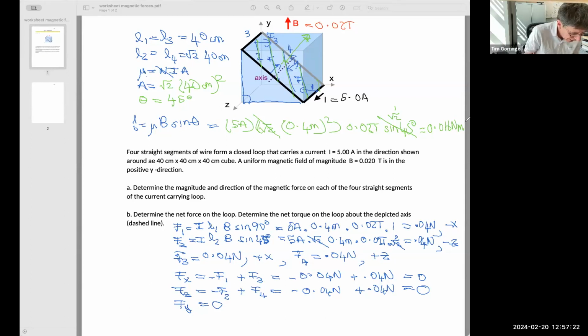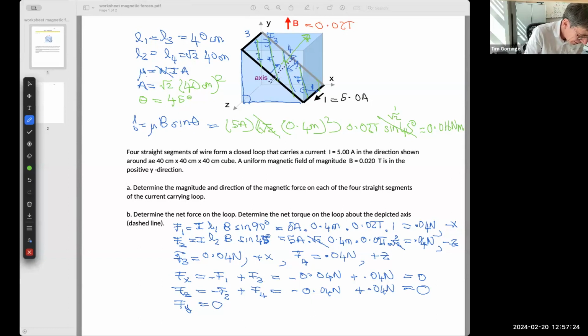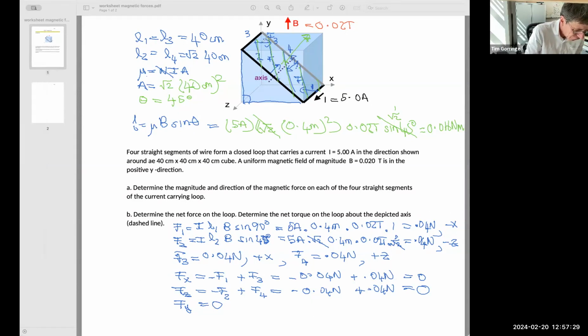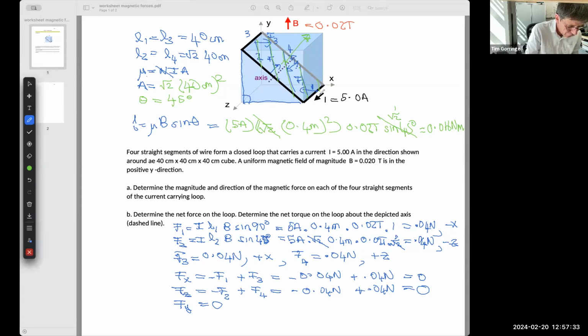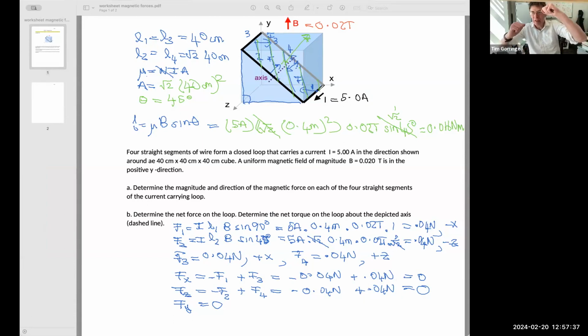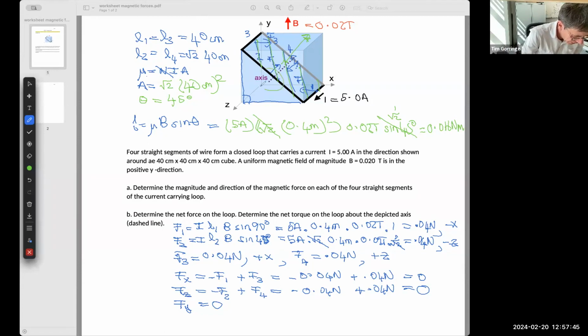You can see that if you look at the picture. Think about this axis here, the action of the force on side 3 at the top left, and the force on side 1 at the bottom right. They're kind of doing this, and that's going to turn the loop between those two sides. So the loop will rotate, in this direction, clockwise in our sketch.